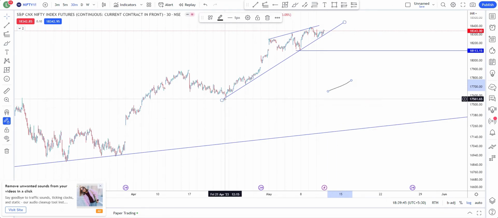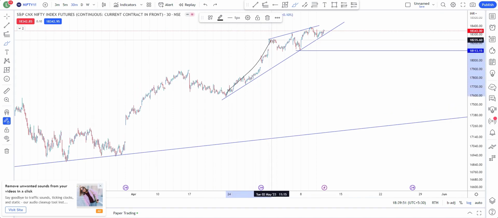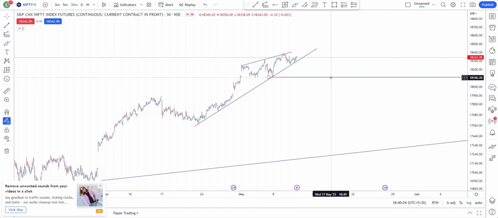In my view, the impulse which we got up till here is just the correction of the same. You may call it an ABCD pattern or something like this. A, B, C, D, E. It is not related to Elliott waves, but these are five moves which I'm thinking.